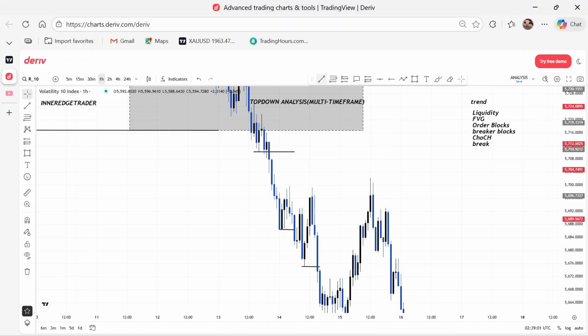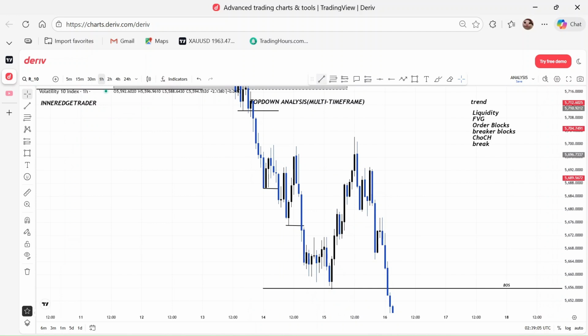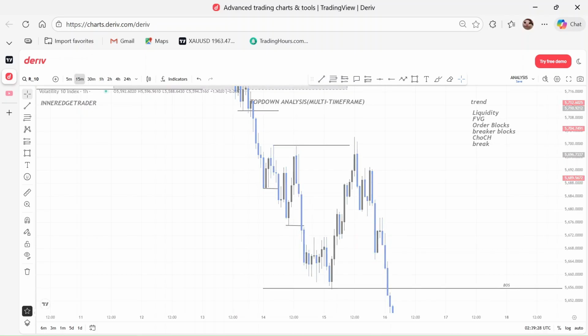So if you look at the charts, there is nothing to support anything at this point, because the only thing you are looking at is this liquidity. So if you're looking at liquidity, what are you going to be looking at? 15 minutes, right? Always on the 15 minutes.